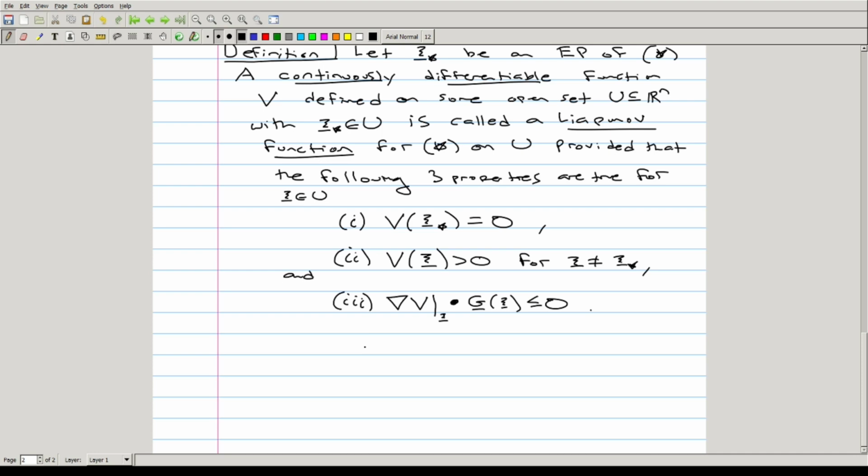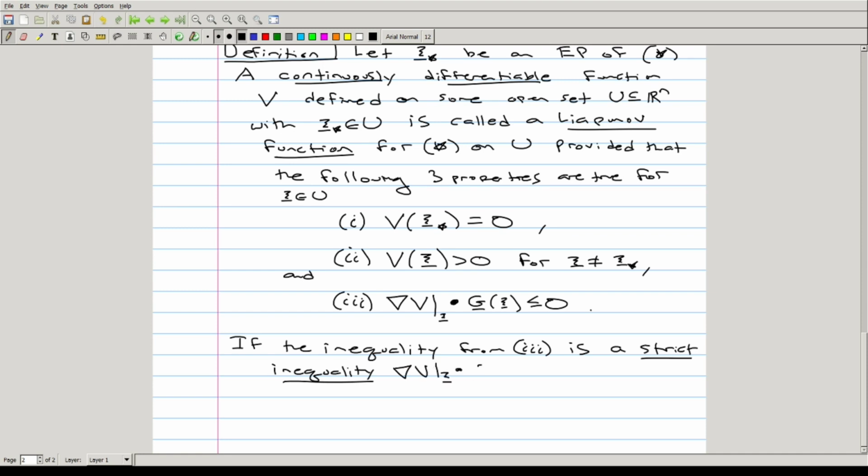And additionally, if the inequality in 3 is a strict inequality, meaning that the gradient of V at xi dotted with g of xi is strictly less than 0, then the function V is called a strict Lyapunov function.